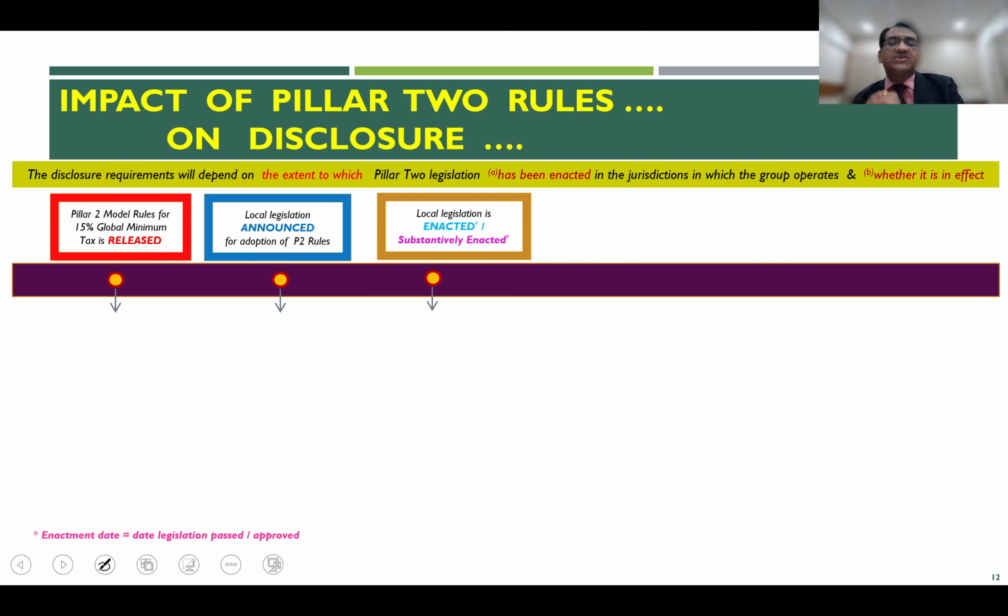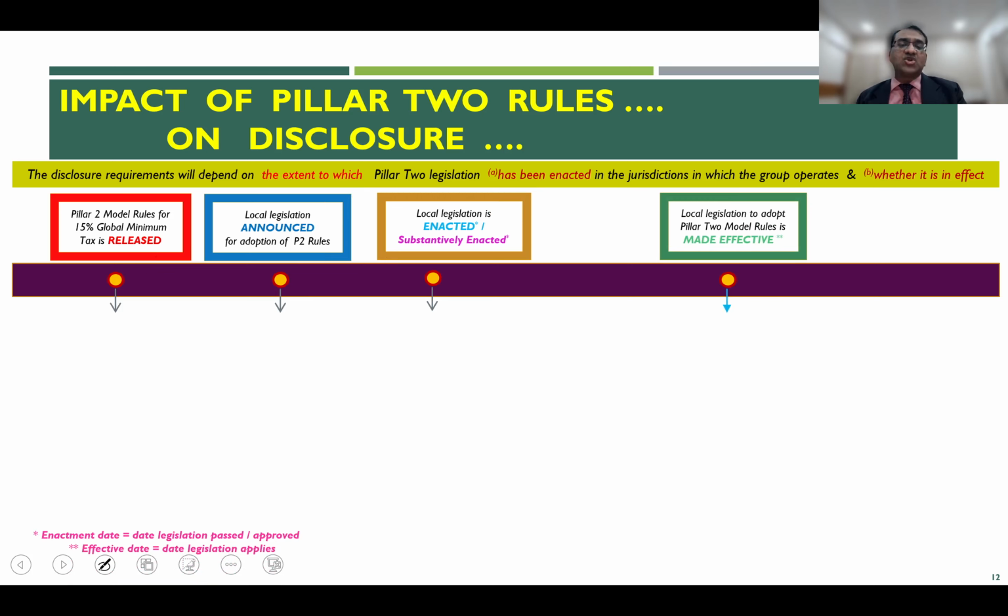Now, the disclosure requirement will vary. Assume the legislation which has been enacted or substantively enacted is effective only at this point in time. So during this period, the disclosure requirements are different, and during this period, the disclosure requirements are different, and going forward, the disclosure requirements are different.